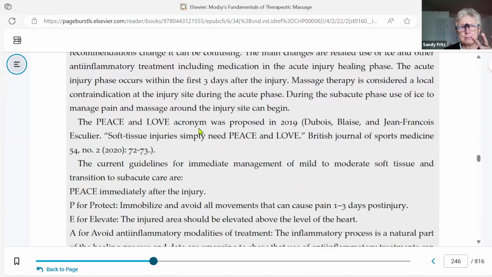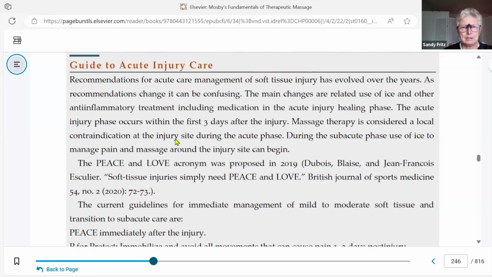The current approach on the MBLEX that I am aware of is that you do not use ice on an acute injury in the first 24 hours, up to 3 days. So that's during the acute phase. And the rationale is that is productive inflammation and you don't want to diminish it.